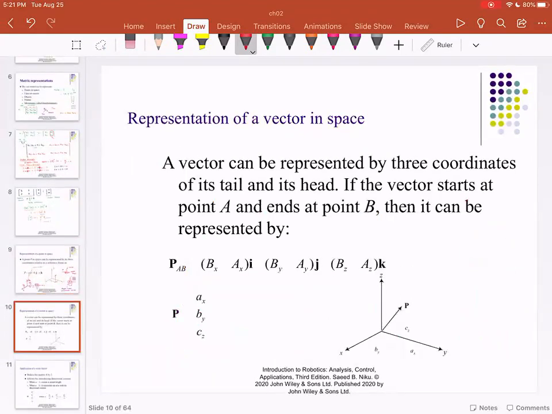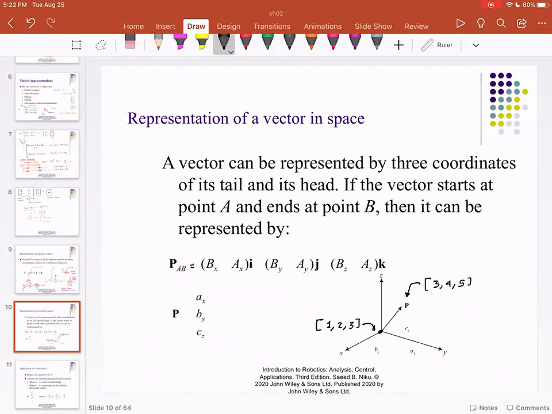Now, next, a vector can be represented by means of the coordinates of the head and the tail. So for example, this is the point, and for the sake of discussion, let me say this point is 1, 2, 3. So the coordinate of this point is 1, 2, 3, and the coordinate of this point is 3, 4, 5.